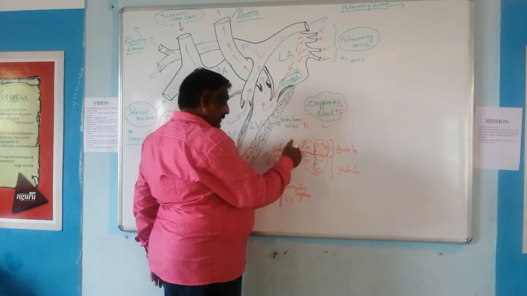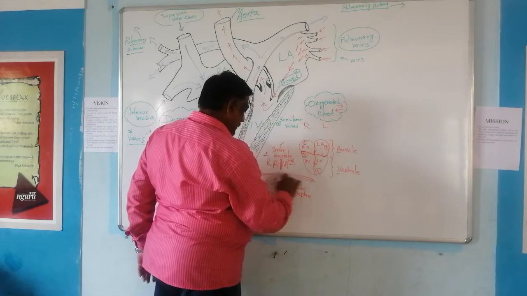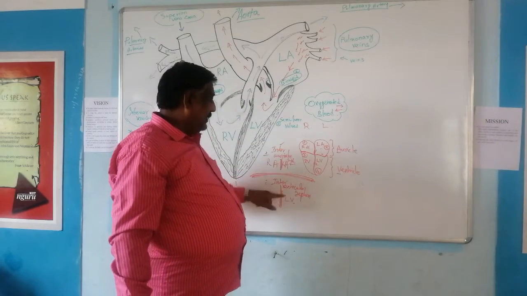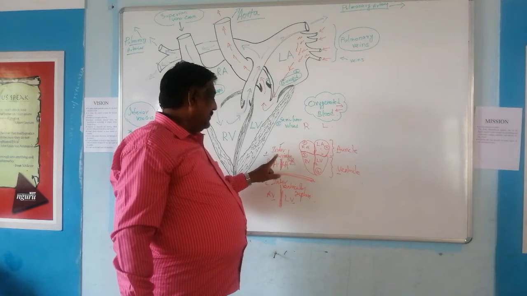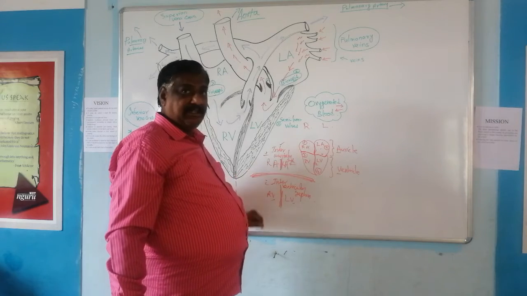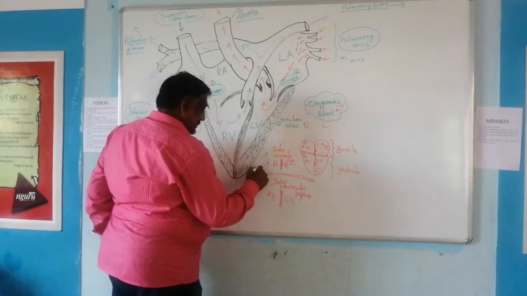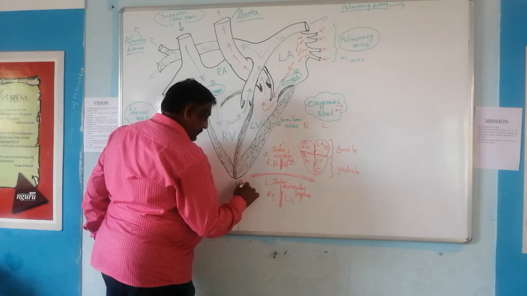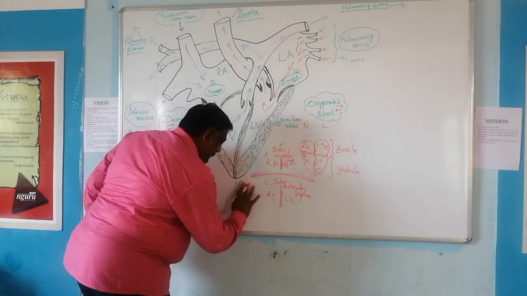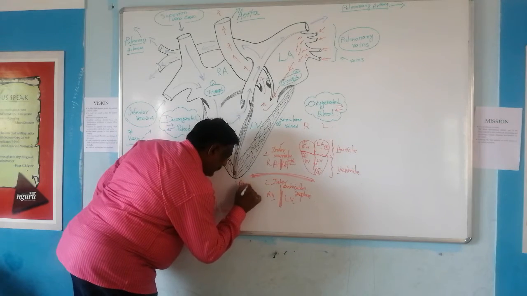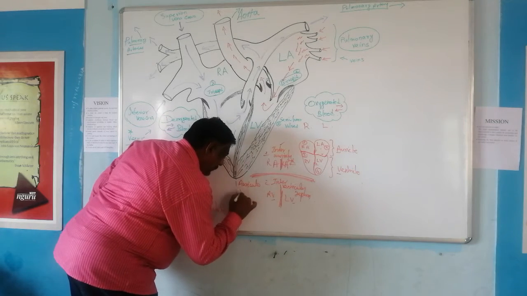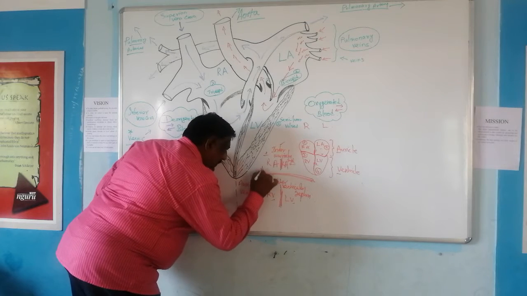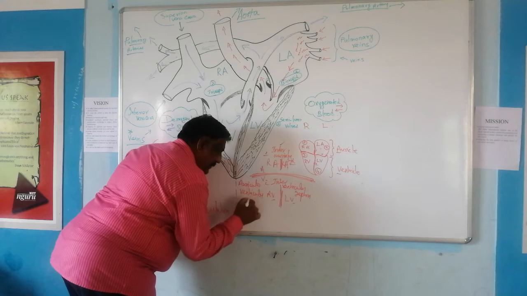Suppose the septum is between auricle and ventricle, how will you name this? You cannot say interauricular, because this is my auricle and this is ventricle. So this is the auriculo-ventricular septum, because auricle and ventricle both are involved.